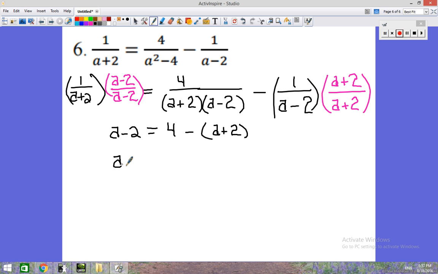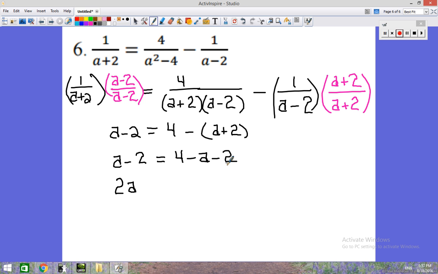Alright, so I've got a minus 2, and 4 minus a minus 2. Let's add a to both sides. My 2's and my a's look so much alike. I should just stop using the variable a, because I can't stop using the number 2.